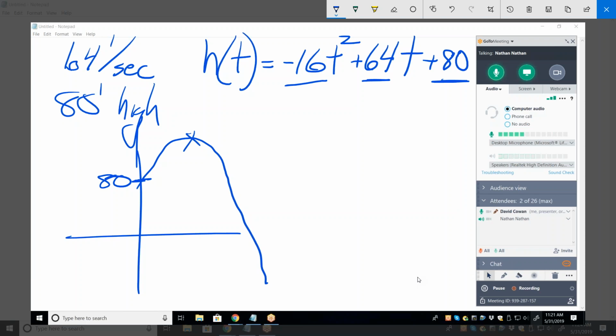Now, there's two points to that. There's the x-coordinate, or in this case, the t-coordinate, because our horizontal axis is t, and our height is h of x, or h of t, excuse me. So we've got to figure out where the vertex is, and we can answer both questions.